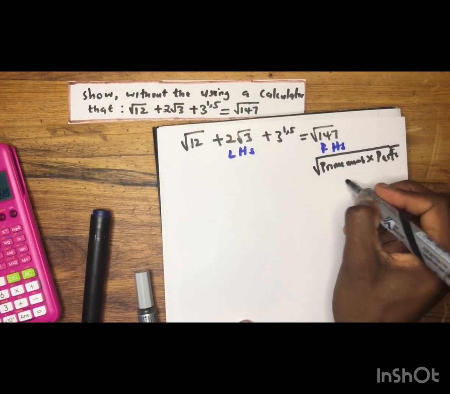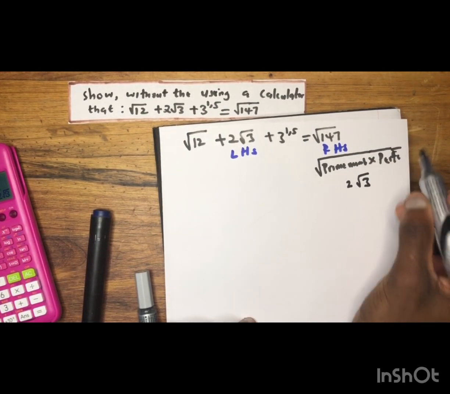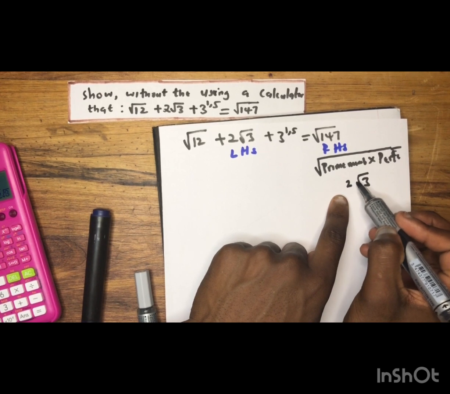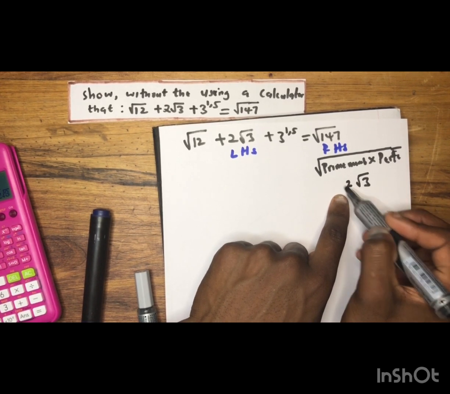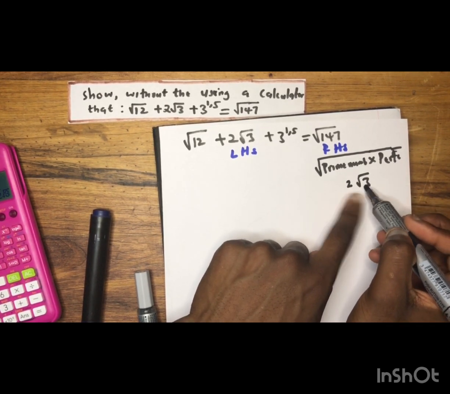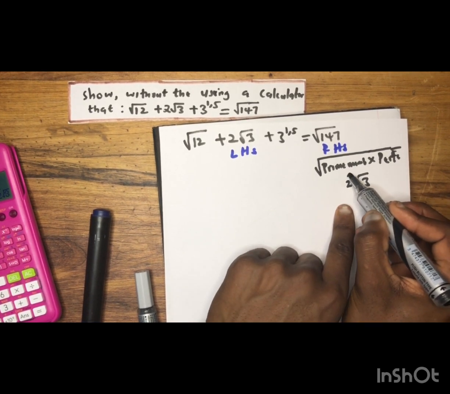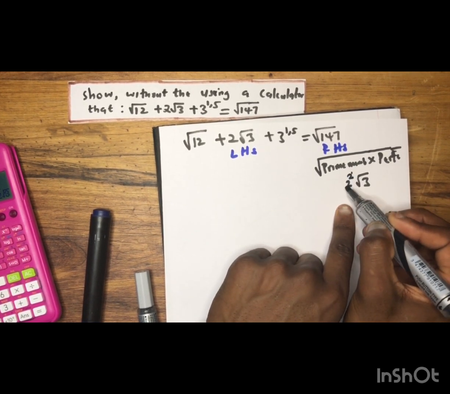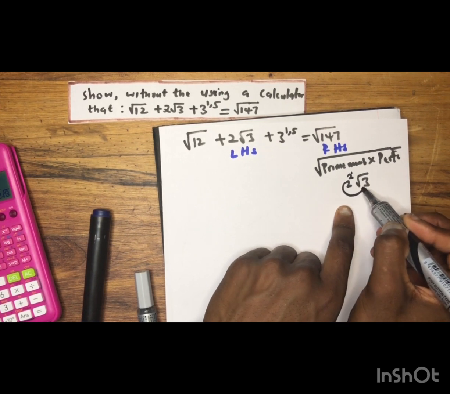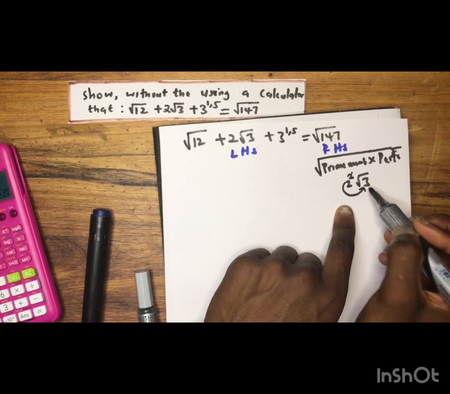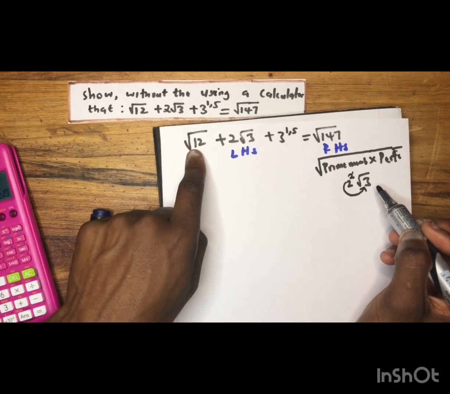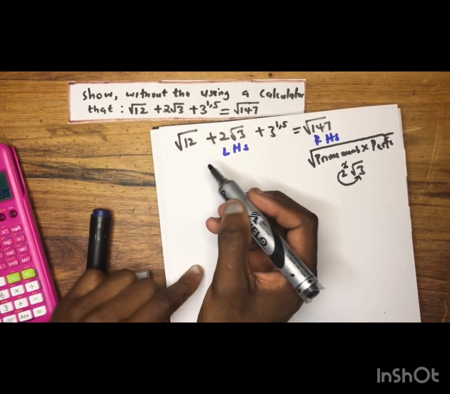You have what? 2 root 3, which means the one that goes outside was your perfect number. The one that you have inside the root was your prime number. So you are going to put this one squared, 2 squared to get what? 4. Then you put 4 inside. So which is 4 times 3 gives us what? 12. So that's what we are going to do here.